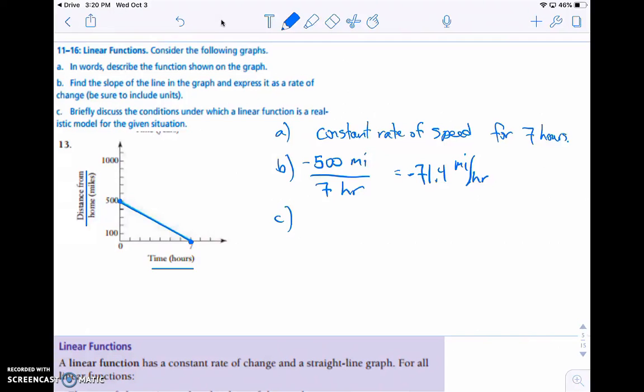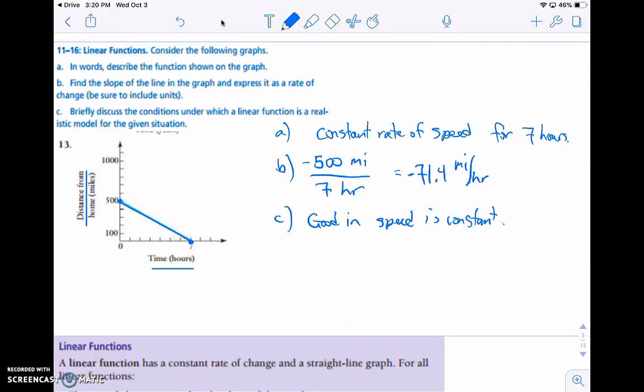And then part C, briefly describe the conditions in which this linear function is a realistic model. So, if you're going a constant rate of speed the whole way, then this is a good model. So this is good if your speed is constant. So this would be great for something like freeway travel, assuming you don't run into traffic jams or anything like that.